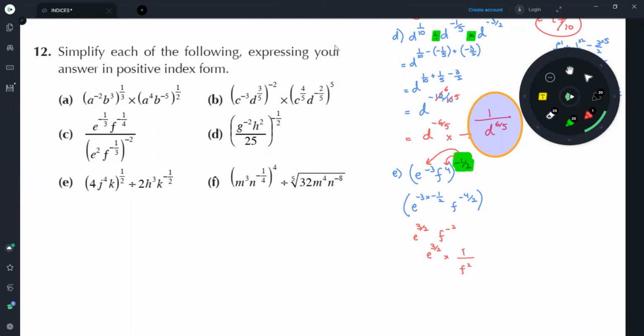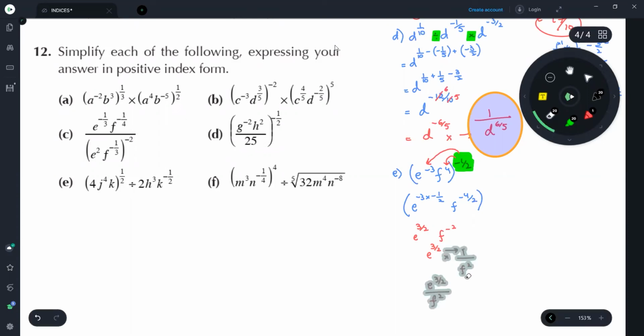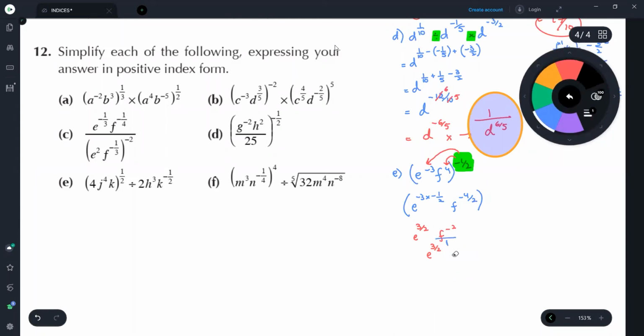Now e raised to power 3 over 2 times 1 is going to be e 3 over 2 upon f square. You need to understand reciprocate means if there is no denominator, the one goes up, and all of this goes down. The power is not reciprocated.